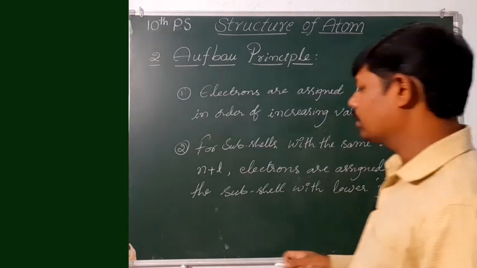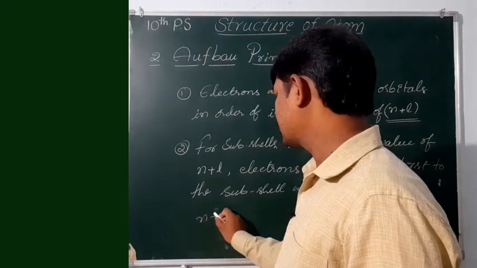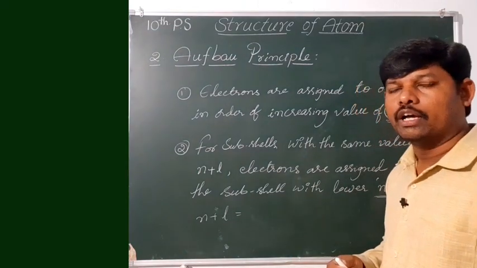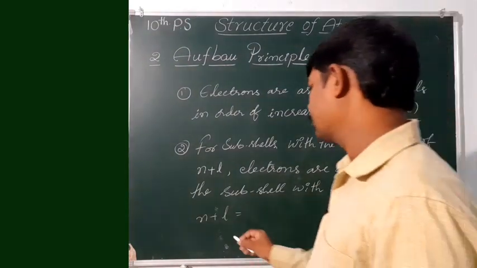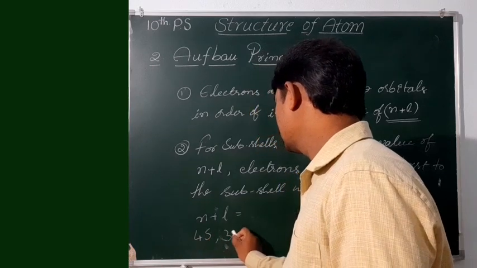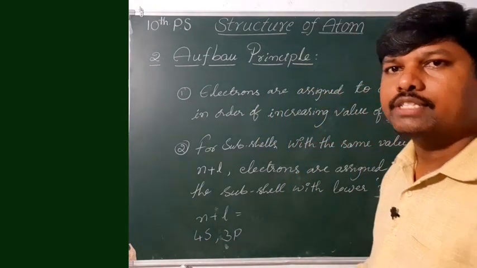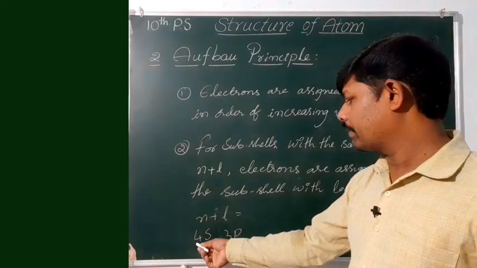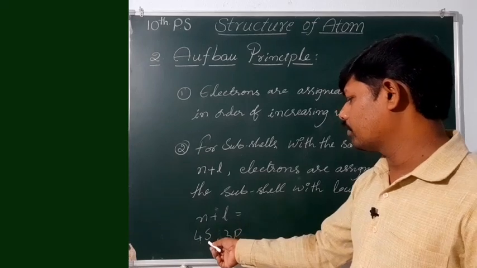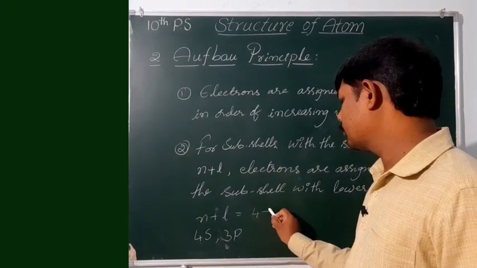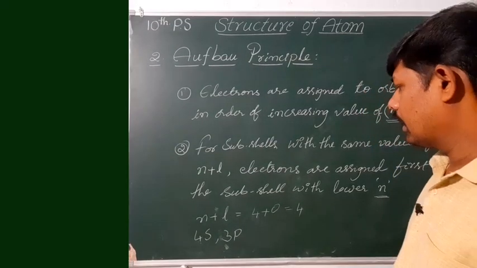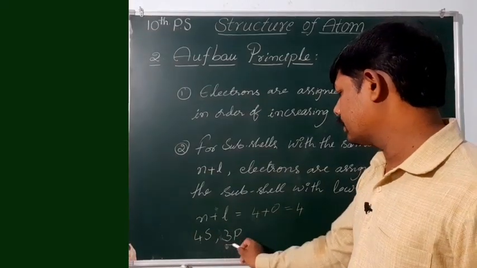For example, the n plus L value is the same for 2 subshells, 4s and 3p. What is the n plus L value of 4s? Here n is 4 and L is 0, so n plus L is 4 plus 0, equal to 4. And what is the n plus L value of 3p?